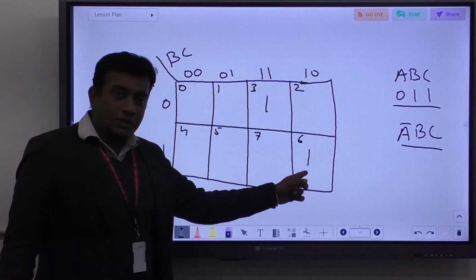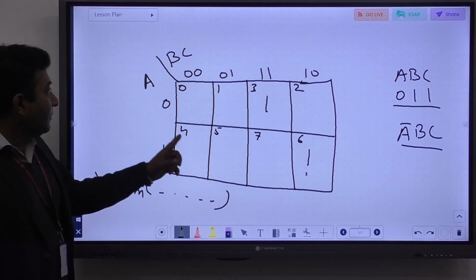The output for this particular minterm would be A, B and C bar.